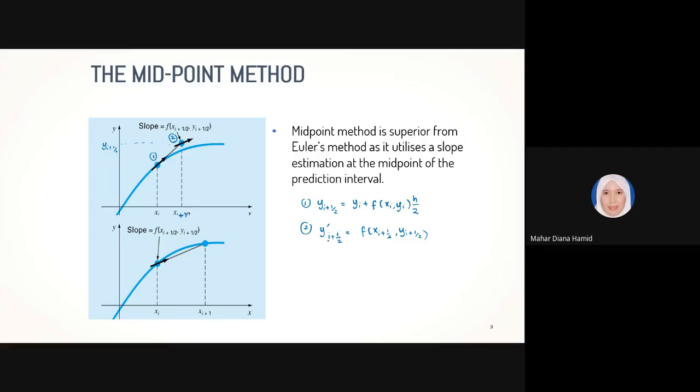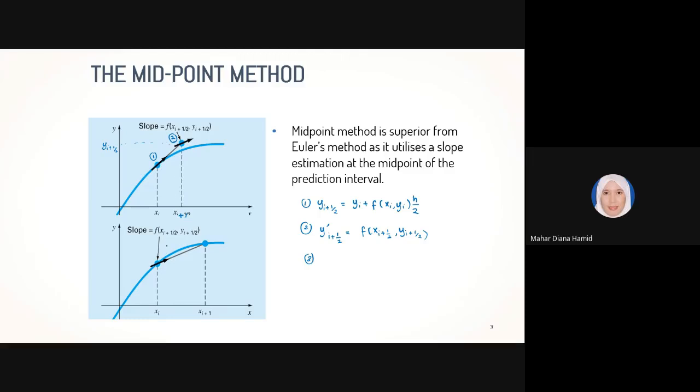So these are the values of y at i plus half. Substitute the value into the original equation, and then we are going to use the slope that we already evaluated in the middle of the interval as a valid approximation of the slope for the entire interval.